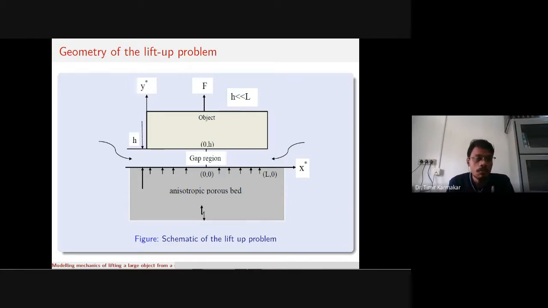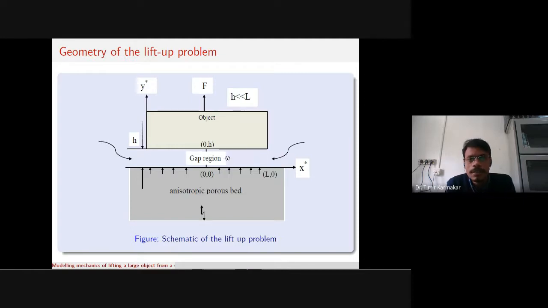What we have to worry about is how to overcome the suction force in the gap region. When an object is at rest above the seabed, there will be a gap region that is saturated with fluid.